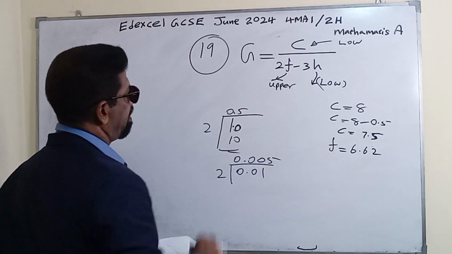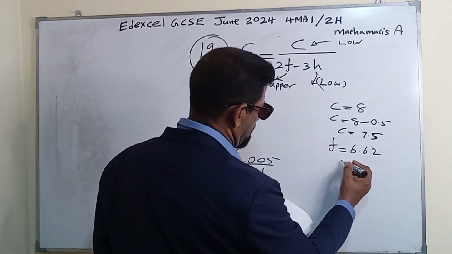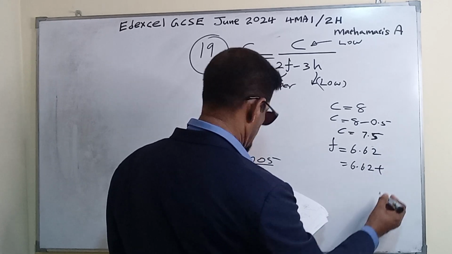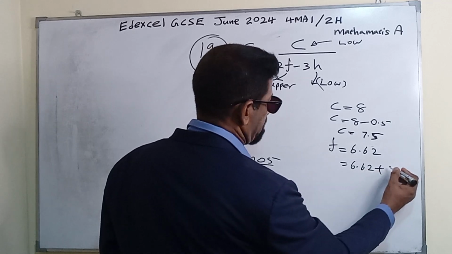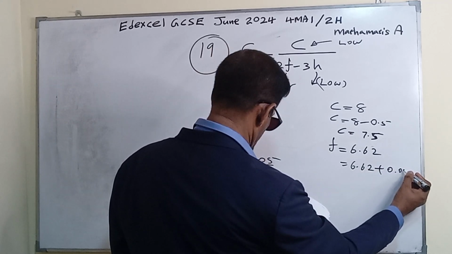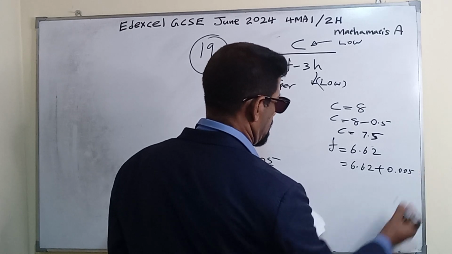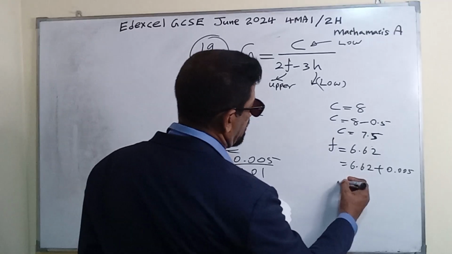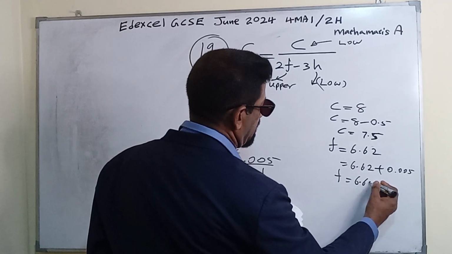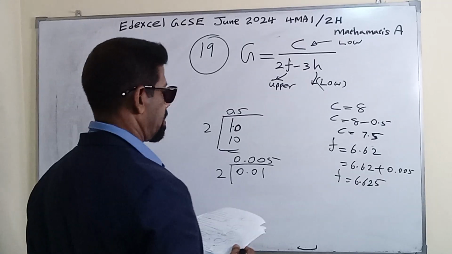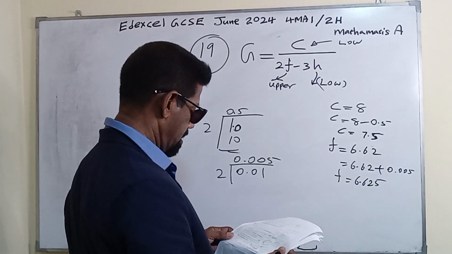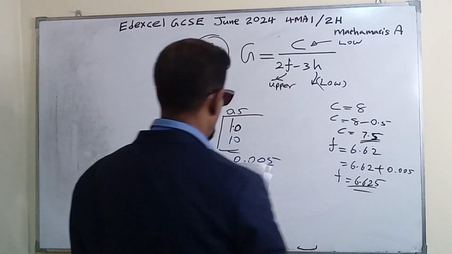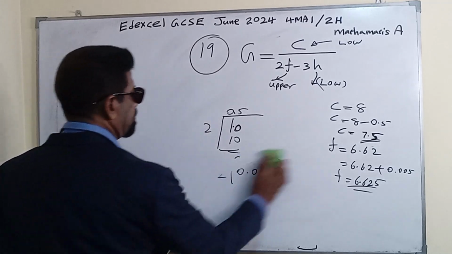Now we decide the upper bound: 6.62 plus that value 0.005. So that answer, if you substitute, is 6.625. This is your substitute value.